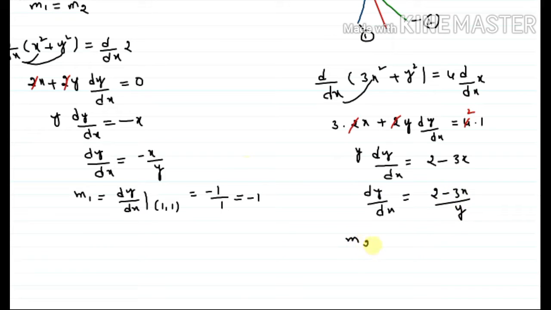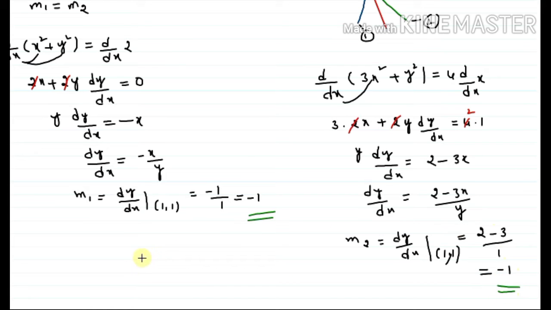This is m2. m2 is equal to dy by dx at (1, 1). So on simplification, 2 minus 3 into 1, divided by y which is 1. 2 minus 3 is minus 1 by 1, which means minus 1. Now see, m1 is equal to minus 1 and m2 is equal to minus 1. Therefore the curves have a common tangent at the point (1, 1).